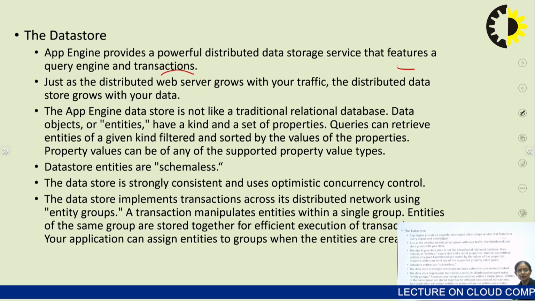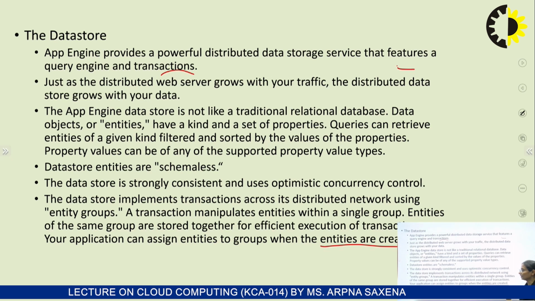A transaction manipulates entities within a single group. Entities of the same group are stored together for efficient execution of transactions. Your application can assign entities to groups when the entities are created. So once you create an entity, it is assigned to that particular group.